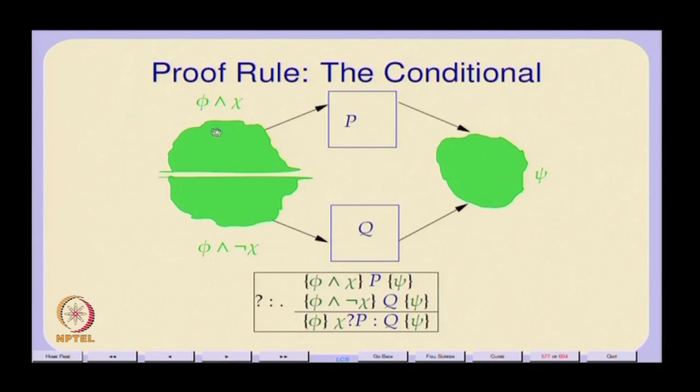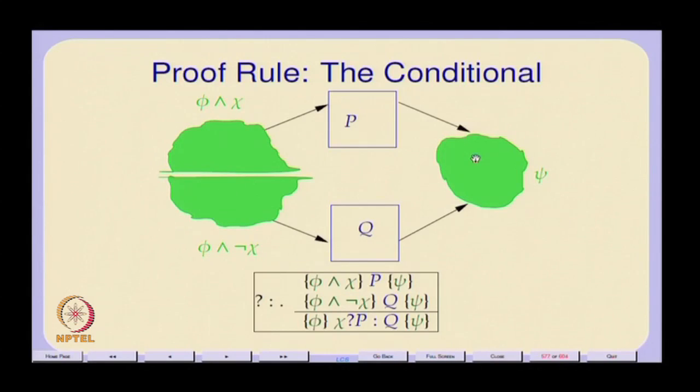So essentially what we are saying is you execute this conditional, if chi then P else Q. If it starts from a state satisfying chi and phi, then it will take you through P to a state satisfying the postcondition psi, and if it starts in a state not satisfying chi but satisfying only phi, then it will take you through Q again to the set satisfying psi.